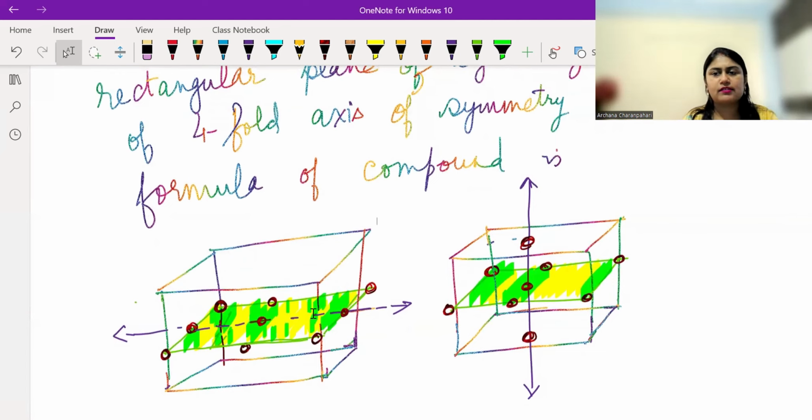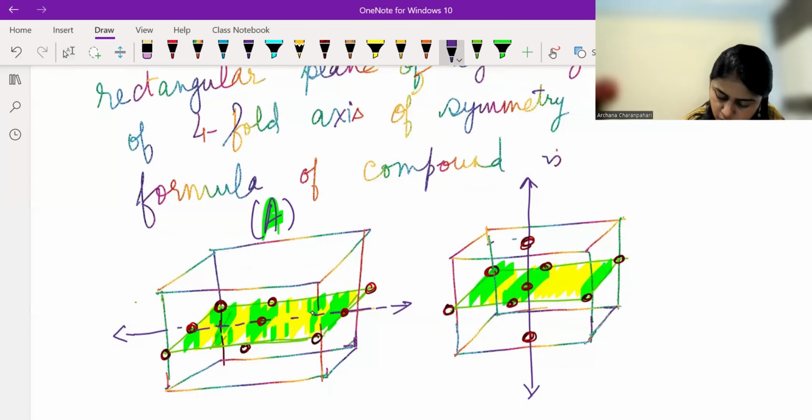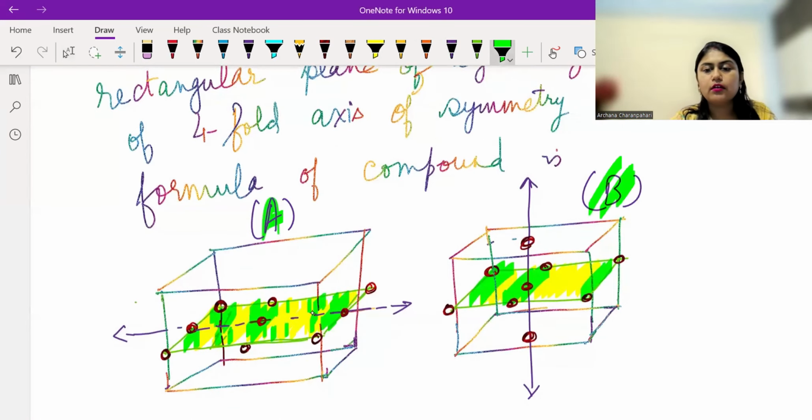So you can have two cases. The plane of symmetry and the axis of symmetry can be coinciding, which is your figure A. Or in the other case, you can have the plane of symmetry and the axis of symmetry perpendicular, which is the case B. In both the cases, we'll try to determine the formulae.